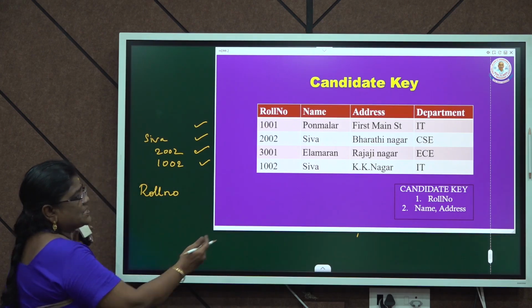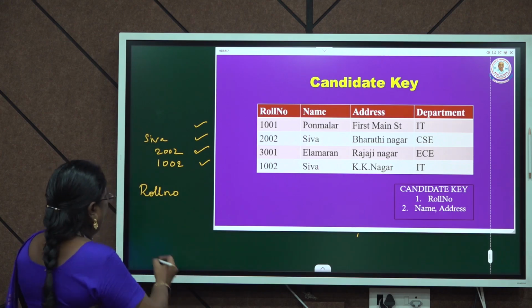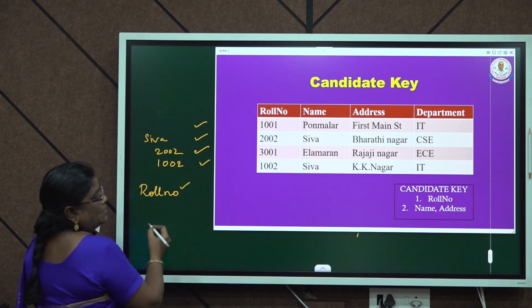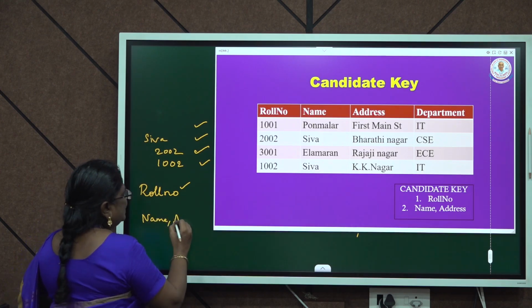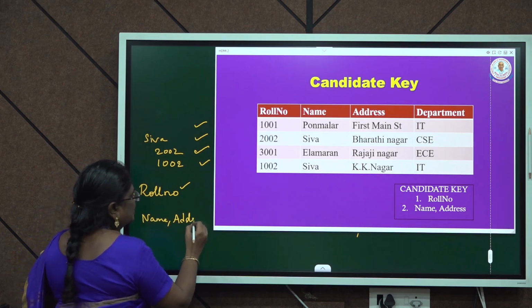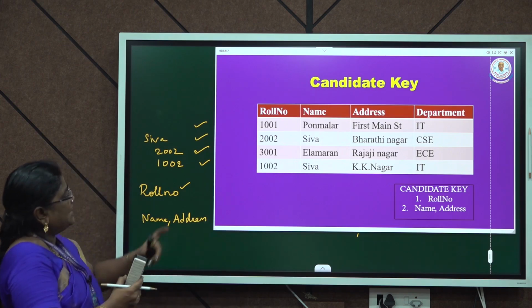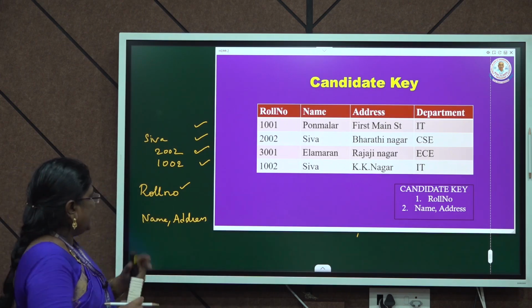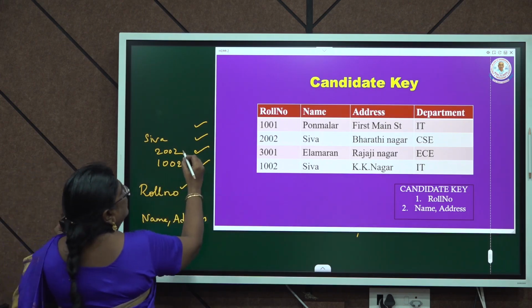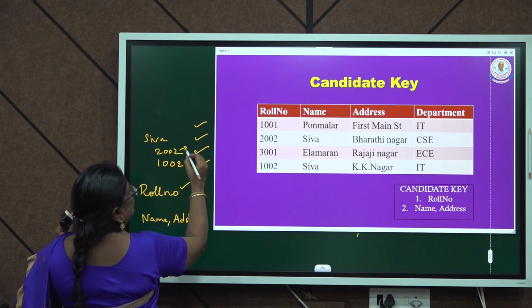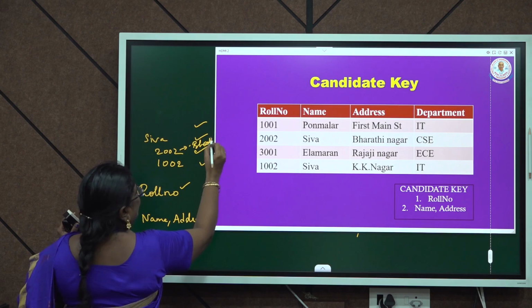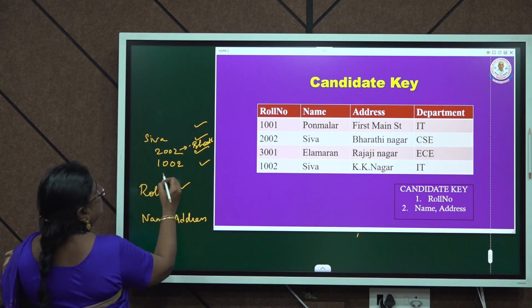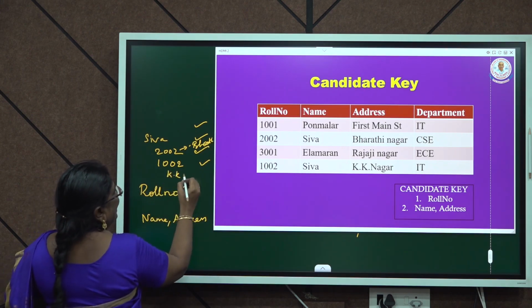And now I am going to say the another key we have. Roll number is a key, I told already, and name and address. I am going to mention that the combination is actually a key, and we can take the same example. Second row, the first Siva with roll number 2002, he is from Bharati Nagar, and the 1002, he is from KK Nagar.